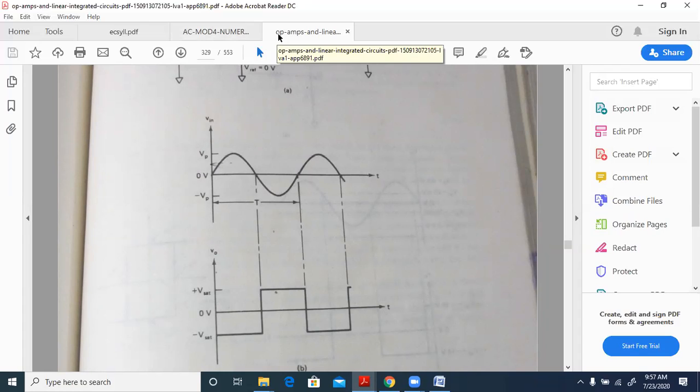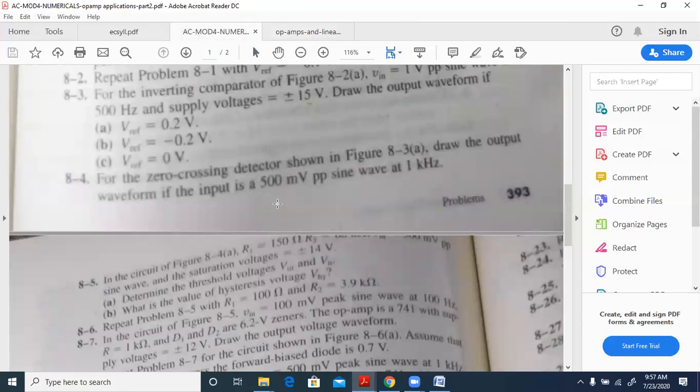So in the problem, if we just see the output waveform, the input is 500 millivolts peak to peak. Half of this peak to peak is 0.25, so 0.25 will be the peak value.